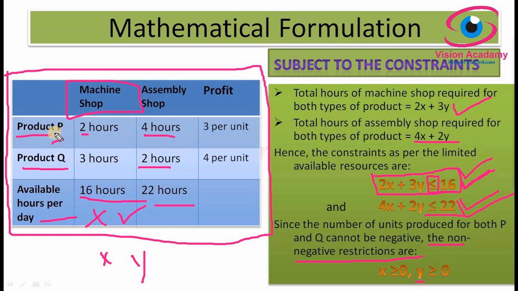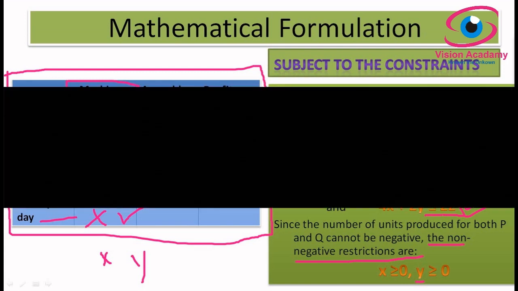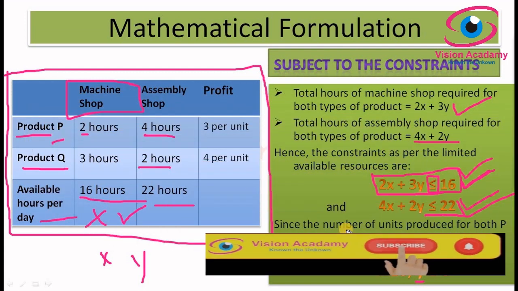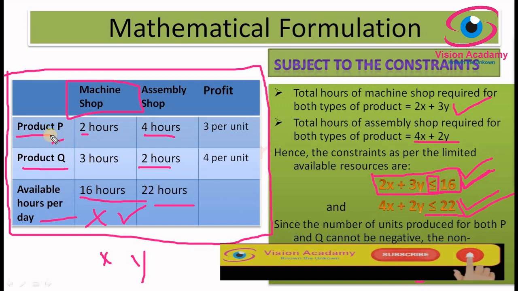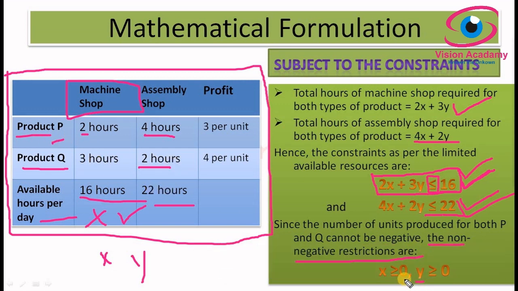Say, for example, one day there is a stoppage of production in P, so it could be 0. If there is production, it could be greater than 0, but it can't be negative. So we have to impose a non-negative restriction for all the decision variables. In this case we have two decision variables X and Y, and we have imposed a non-negative restriction, in the sense that there should be something produced.